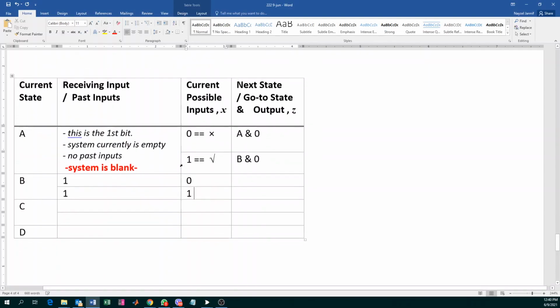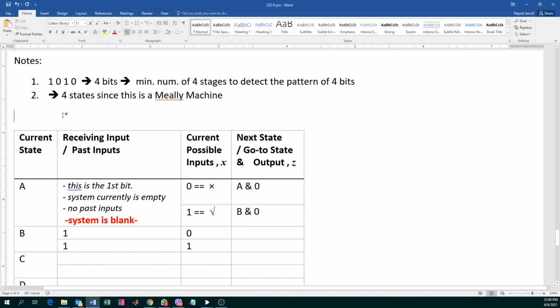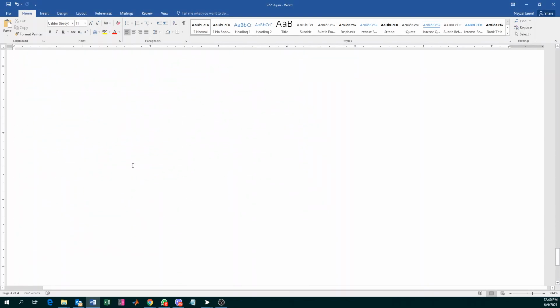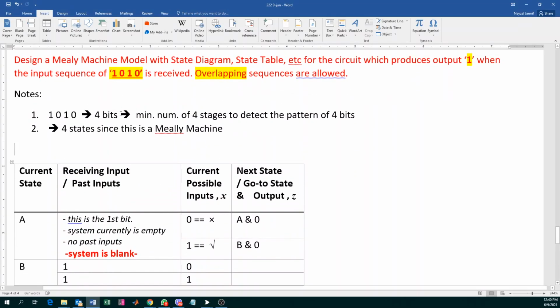Let's now, in the meantime, while we are filling this table up, it is important that we have our states ready. So 4 states, not stages, 4 stages, which means 4 states.